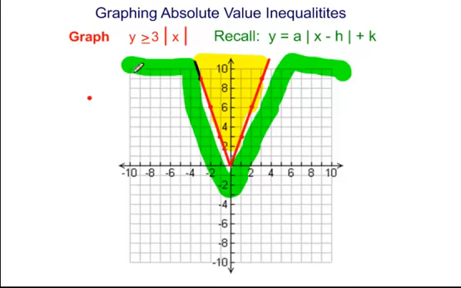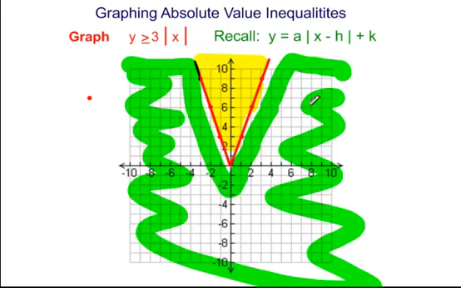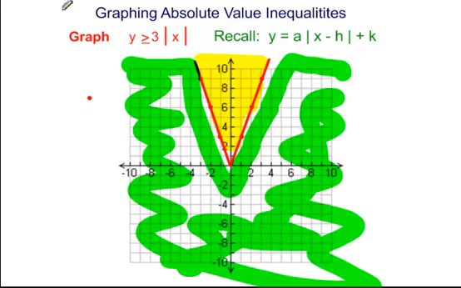So all this space down here, and even though it looks like this is the smaller region, just imagine it opens wider and wider as it moves up. Okay, so one of those two regions is the answer. So I'm either going to be shading inside the absolute value or outside. Well, which one is it?